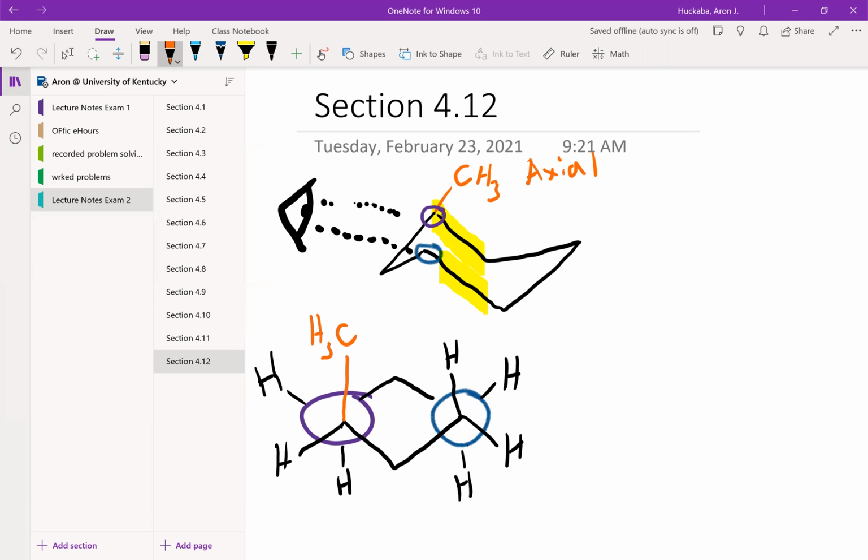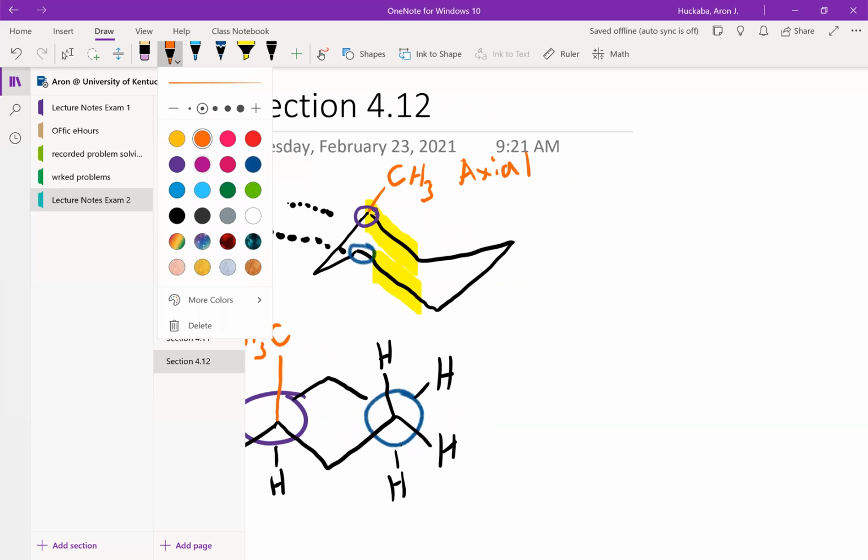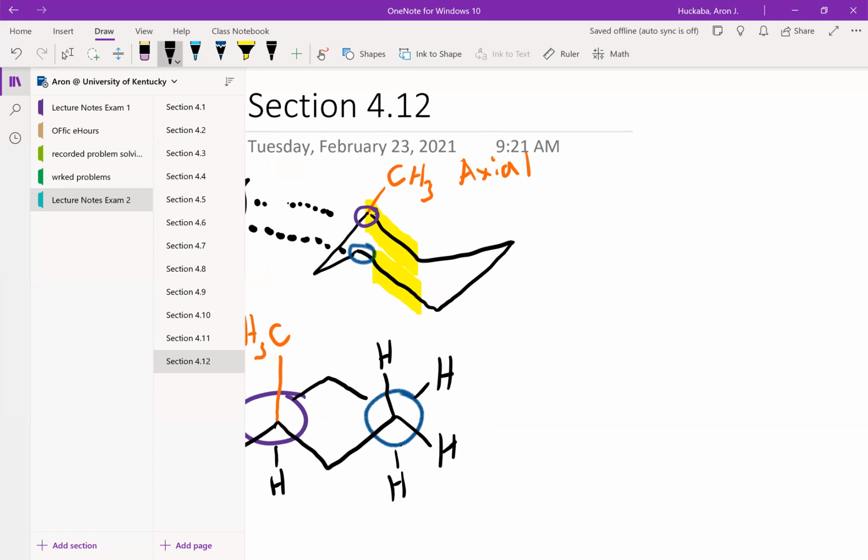Something strange happens, because in an earlier section, I believe it was section 4.10, we talked about the different conformations a cyclohexane could take, and we talked about how you could have different types of chairs, right? Because we said that the ring could undergo what's called a ring flip. These are the conformation arrows, the equilibrium arrows.